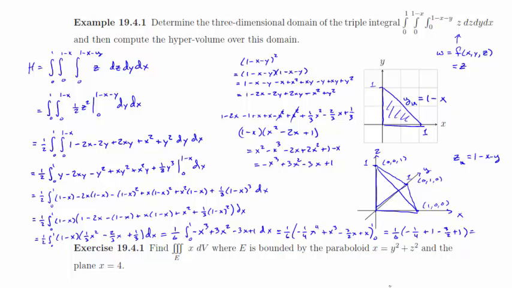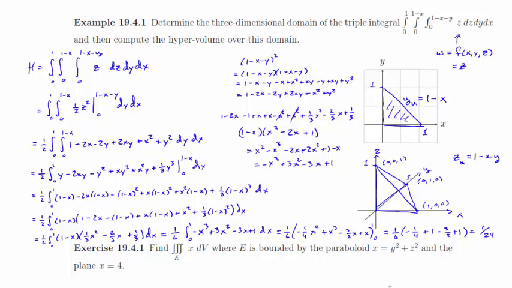Let's do this all in fourths. Negative 1 plus 4 is 3, minus 6 is negative 3, plus 4 is 1/4, times 1/6 is 1/24. So the hypervolume is 1/24.